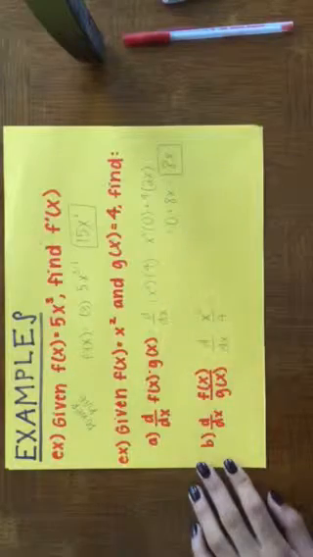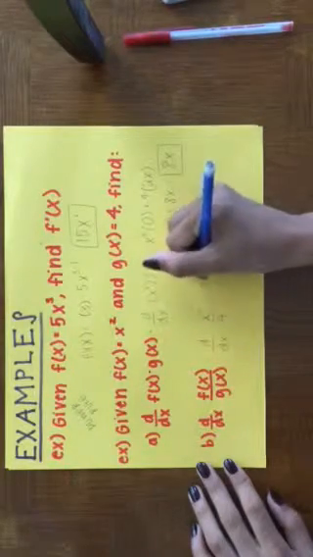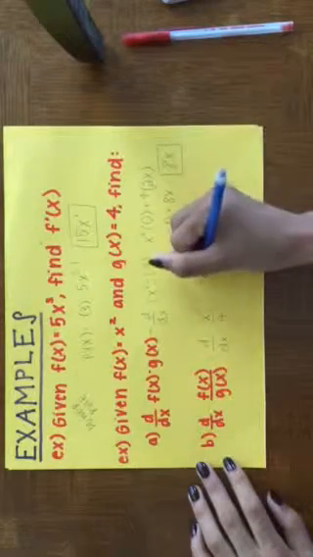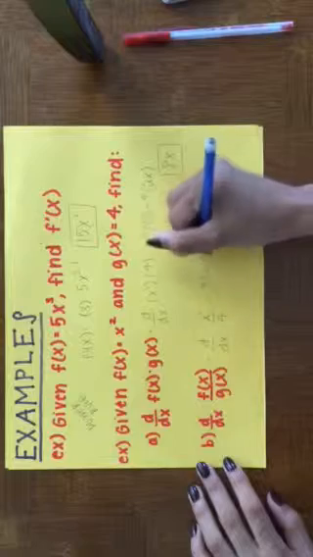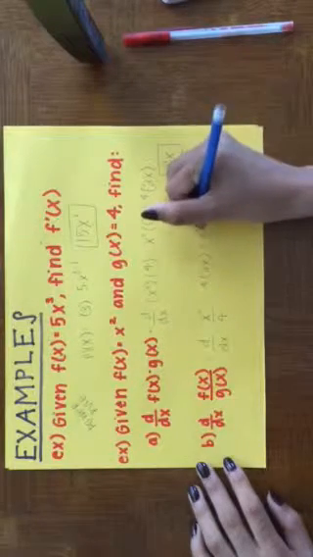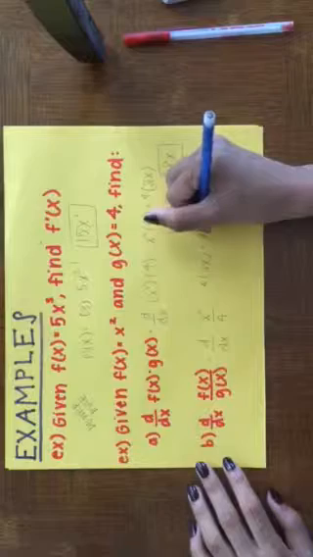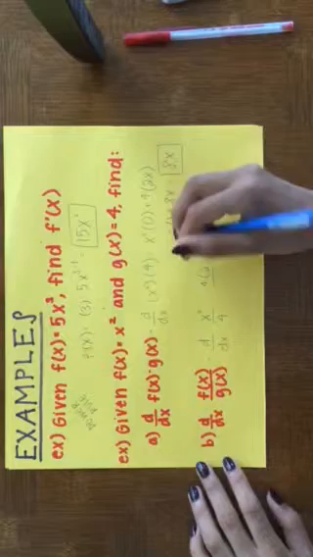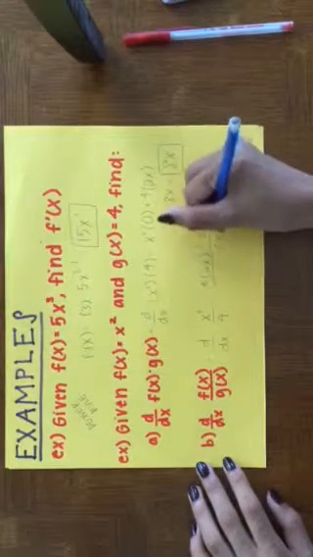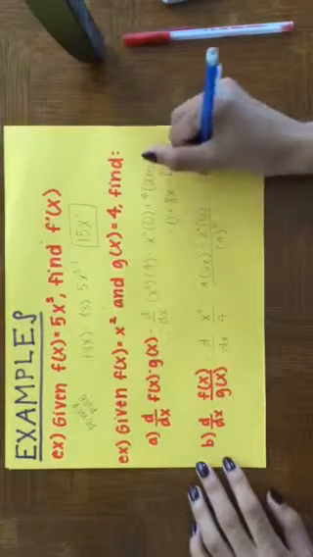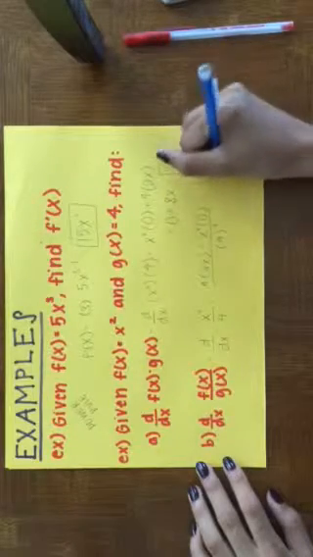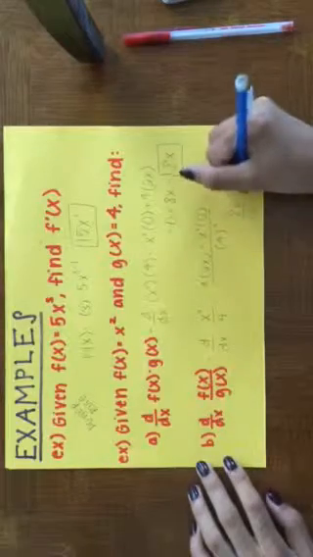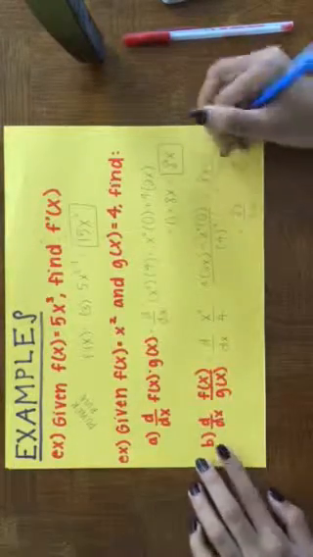So you want to do the denominator times the derivative of the numerator, which we determined in the previous problem was 2x, minus the numerator times the derivative of the denominator, which, since the denominator is constant, the derivative is 0, all over the denominator squared, so all over 4 squared. So we have 8x minus 0 over 16, which gives us 8x over 16, which gives us x over 2 if you simplify.